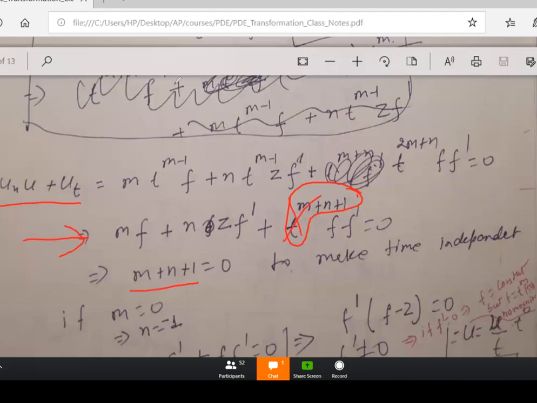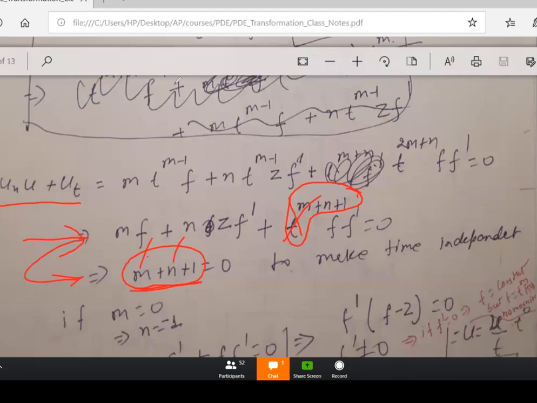So now our aim is to remove this t, so that it gets converted into just one function. So this condition is m plus n plus 1 equal to 0. Now we need to get two constants, m and n, but we have only one equation. So it is underdetermined. Now it is up to us to fix one of either m or n, and then solve the equation.